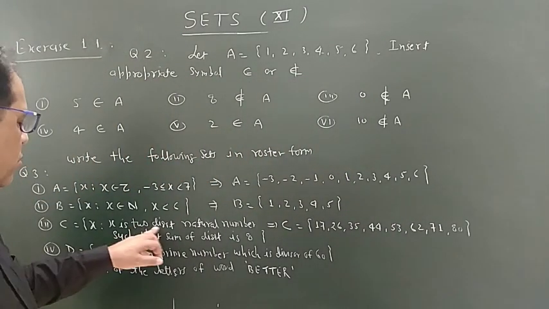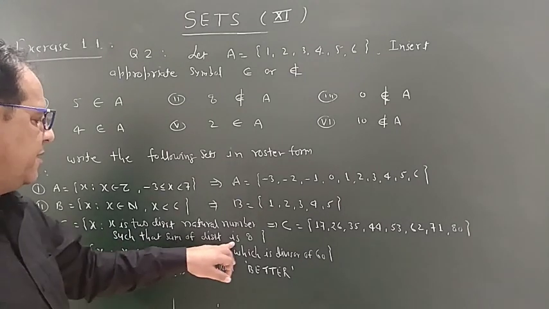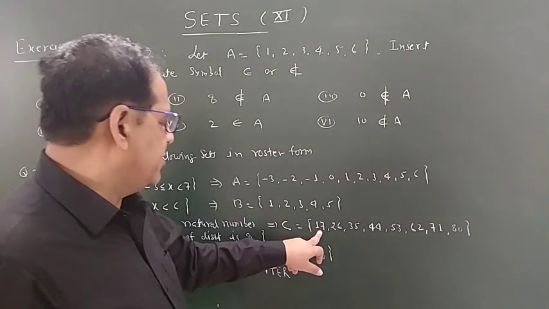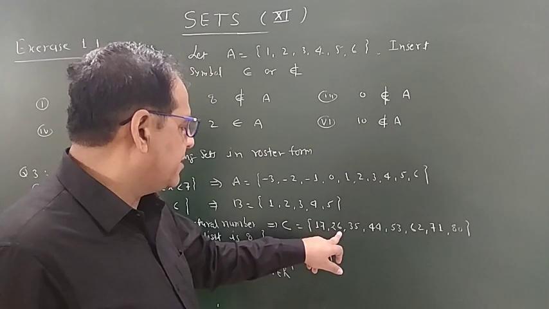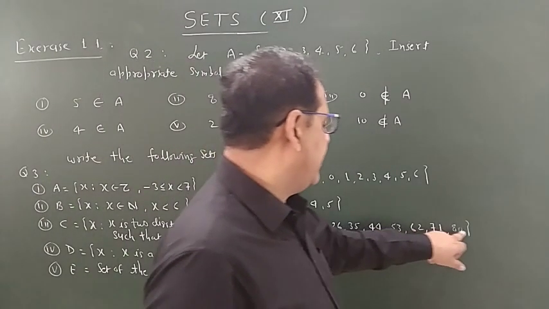Here X is a 2-digit natural number such that the sum of digits is 8. So we have 17, 26, 35, 44, 53, 62, 71, 80.